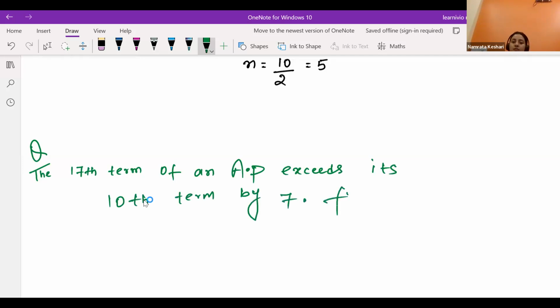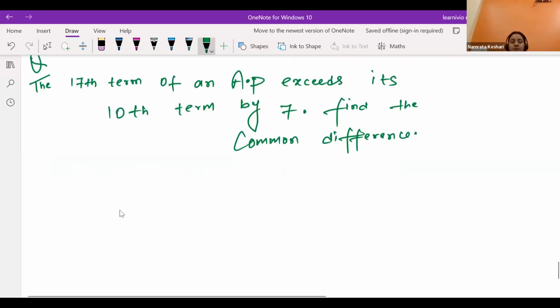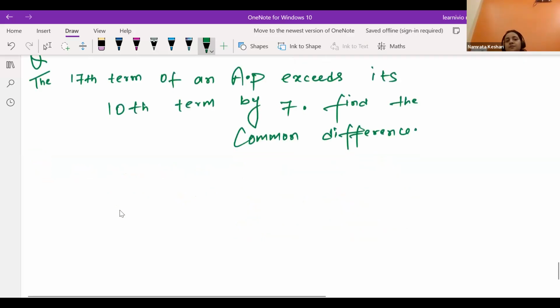Find the common difference. So think about it and tell me what can be done. Take your time, think about it, and let me know.